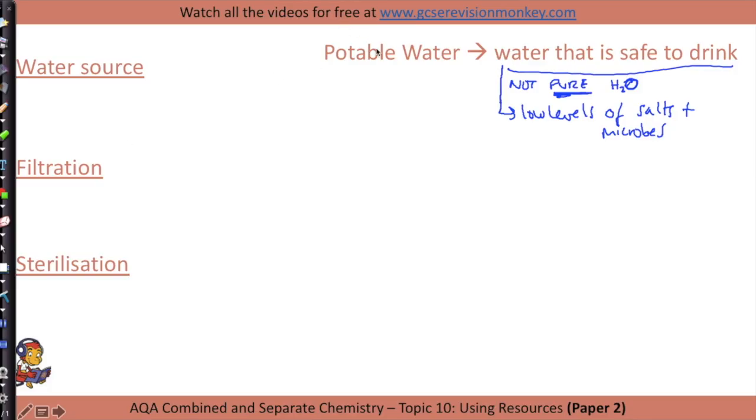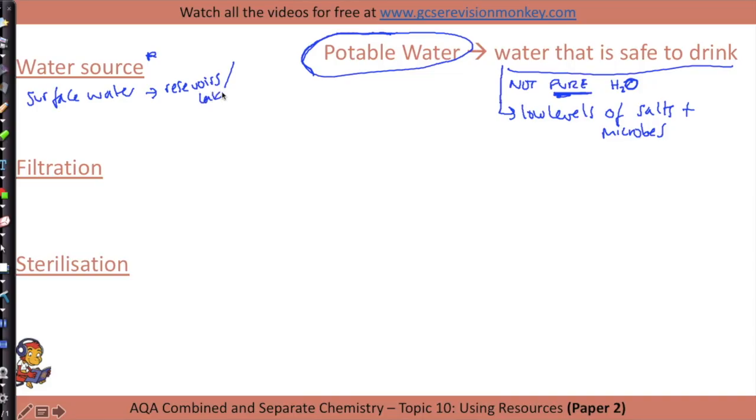So when we're trying to create our potable water for a massive population of people, we need to first of all think about the water source. Now there's two main types of water source. There's surface water, which is the water that is found in things like reservoirs and lakes and rivers.